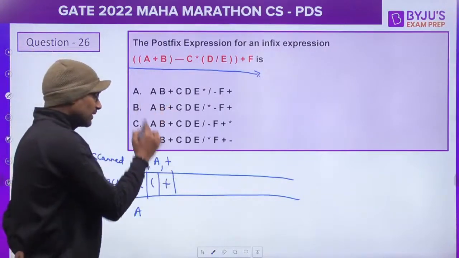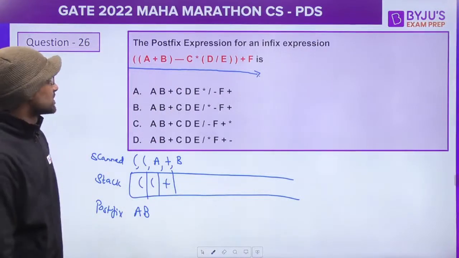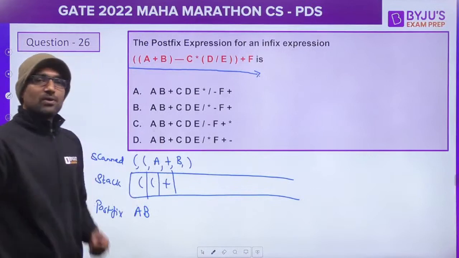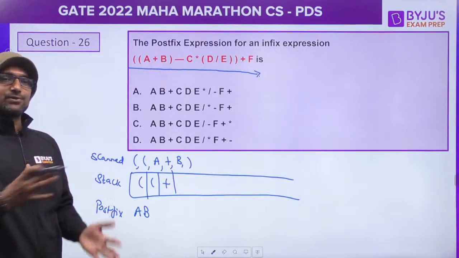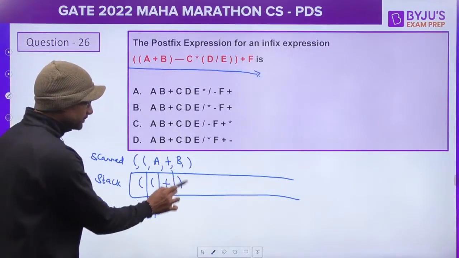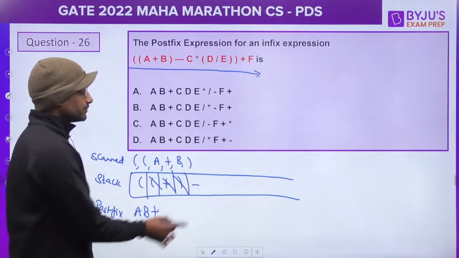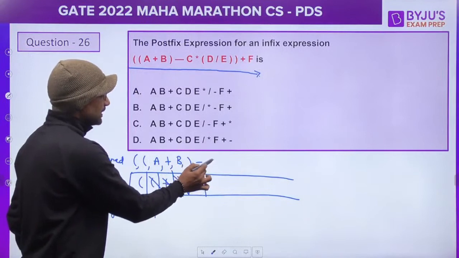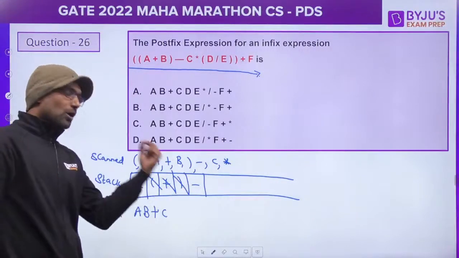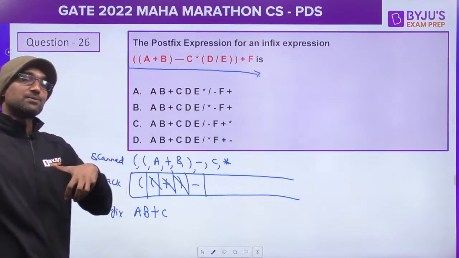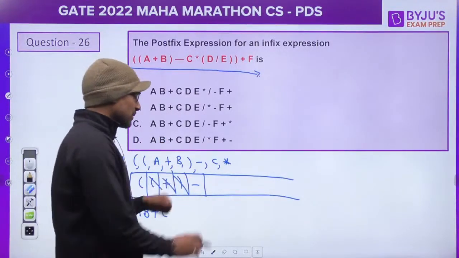If you are not aware of the algorithm, please refer to that procedure for infix to postfix. Then we have operand B, so keep it in postfix. Then we have right parenthesis. When you get a right parenthesis, you pop until the left parenthesis. Then I have minus. Then C. Then multiplication. Now on the top what do we have? Minus. Minus has less priority than multiplication, so fine, you can have a lower priority operator on the top.